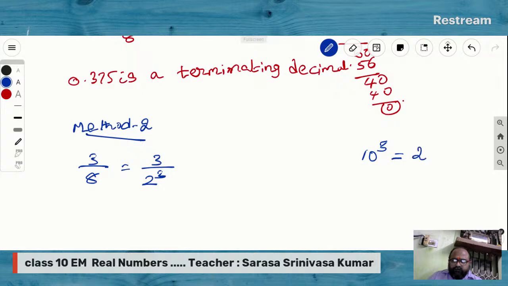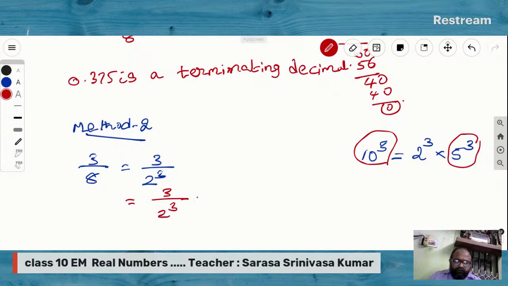So we must multiply 2 power 3 by 5 power 3. So this is equal to 3 by 2 power 3 multiplied by 5 power 3 divided by 5 power 3.